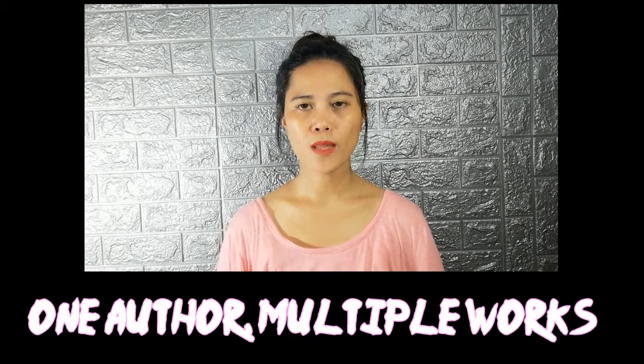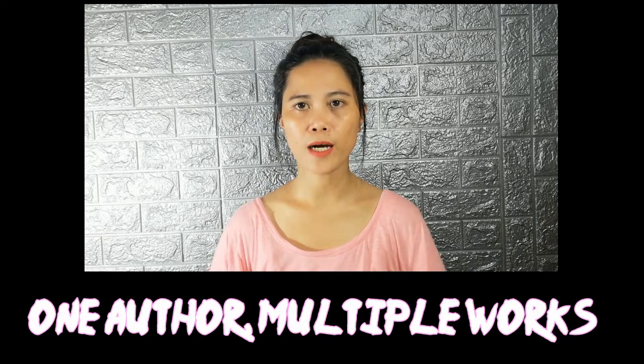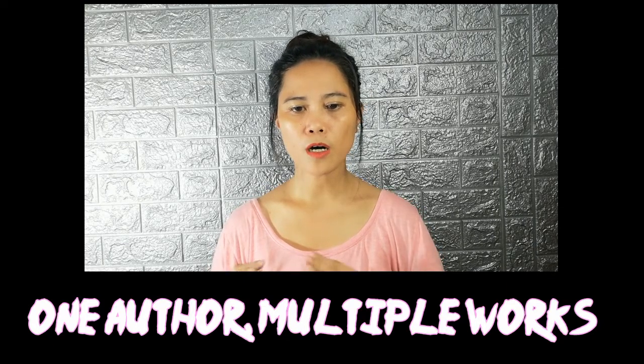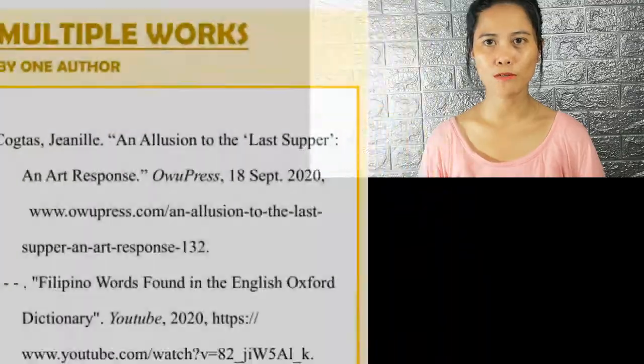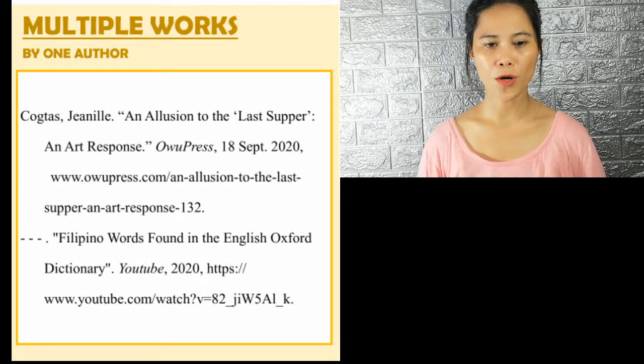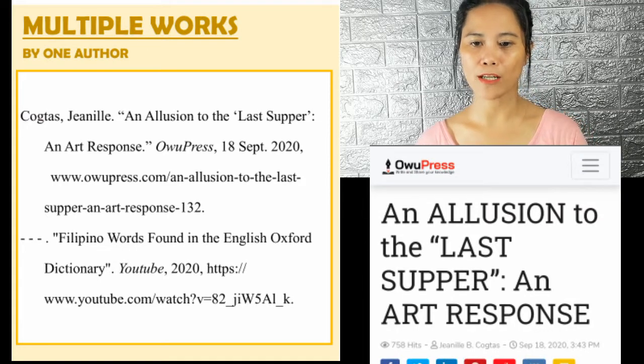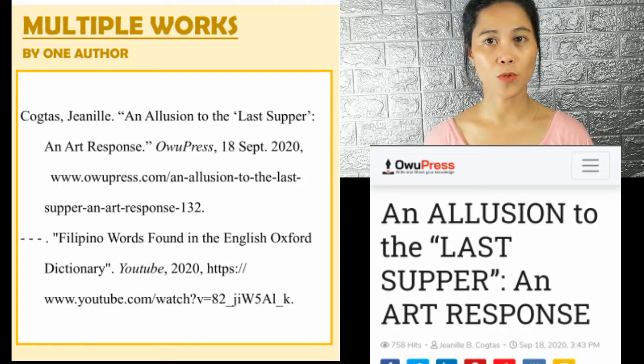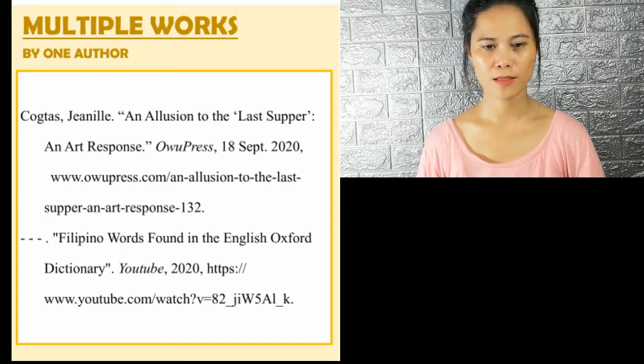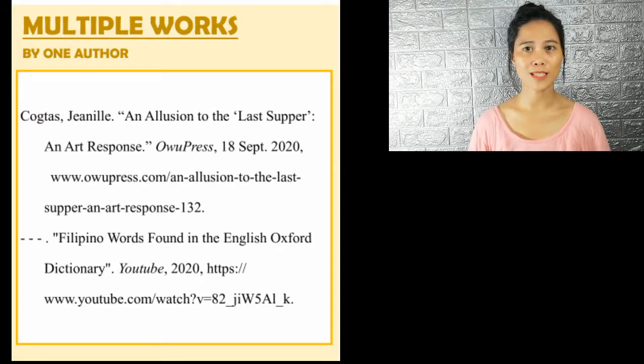How about if you have found different articles, forms of information, but one author? Say for instance, Cogtas Janelle, An Allusion to the Last Supper. This is from a website, the OO Press. Then there goes another information still from Janelle Cogtas, and you need that information, and it's found in YouTube.